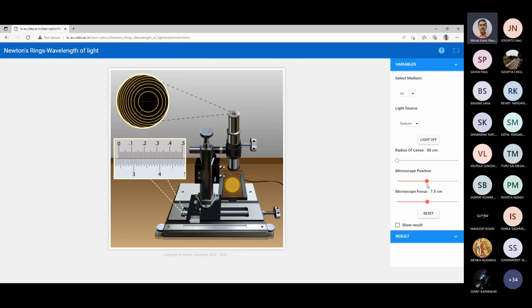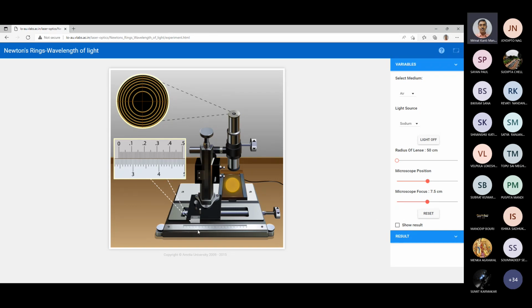At the same time, you see that the scale reading is also changing, right? So we fix it at the middle position. And this is the focus of the microscope, present at 7.5. If you change it, you see that it is defocusing, so we fix it at 7.5, right?